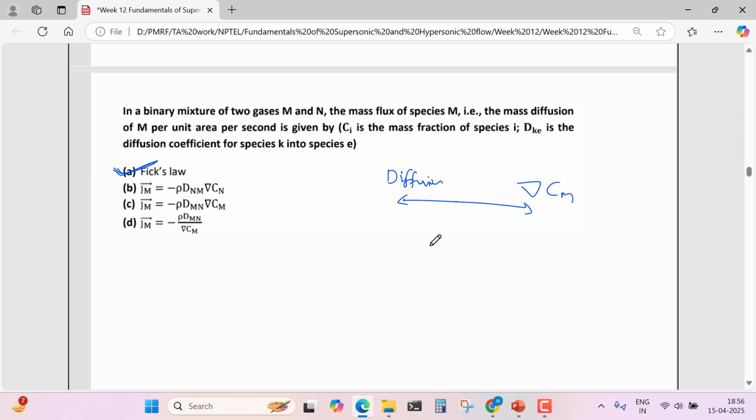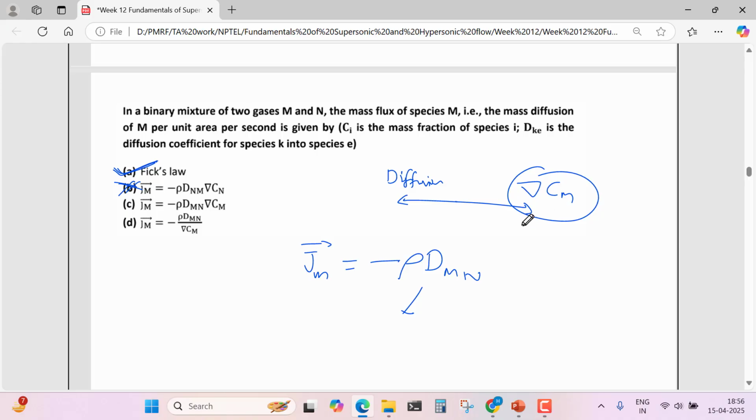So there will be a minus sign, and J_M vector is equal to minus rho D_MN del C_M. This D_MN gives the diffusion coefficient of species M into species M. As diffusion is happening for species M, that's why we have taken D_MN. So option B will be wrong.